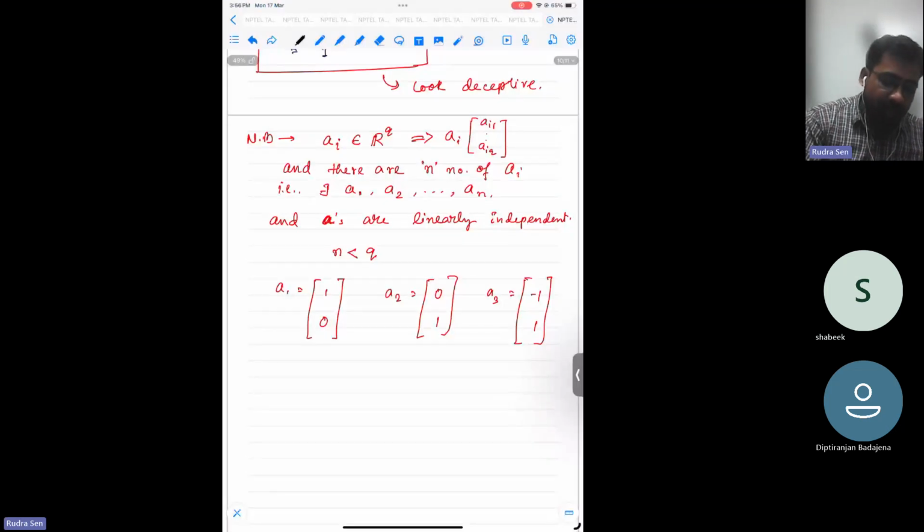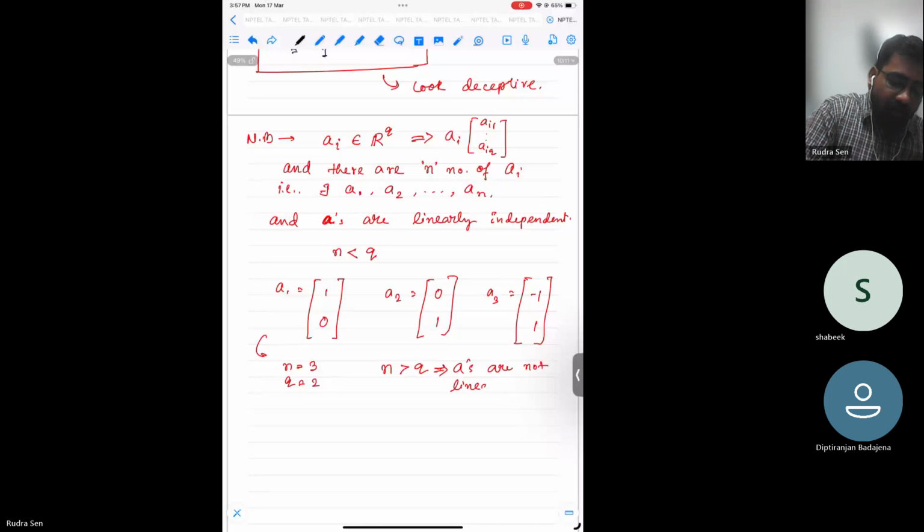So in this example, n is 3 and q is 2. If n is greater than q, this implies the vectors are not linearly independent.